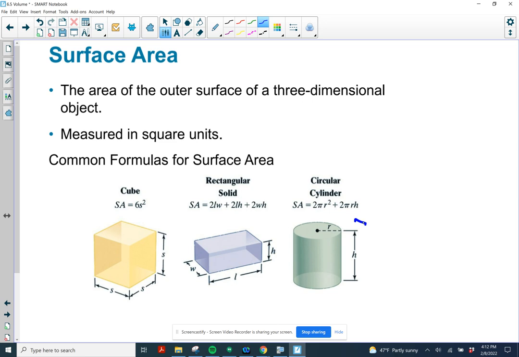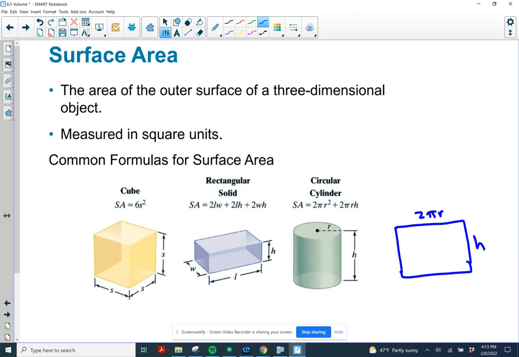In this case, it's the area of the top plus the area of the bottom, which are both pi r squared, so 2 pi r squared, plus the area of the side around here. If I cut this up through here and fold it out, it would be a rectangle, and it would have a dimension of 2 pi r, because the distance around the circumference is 2 pi r. So that's where it comes from.